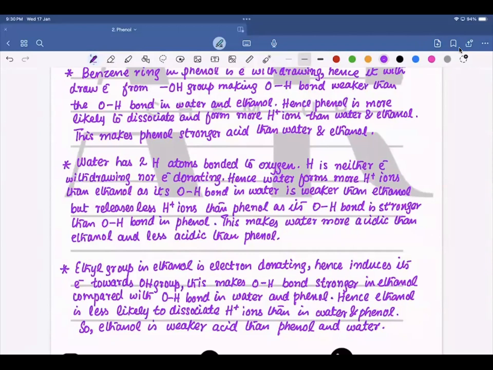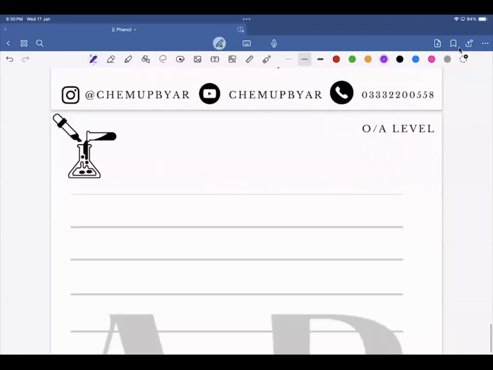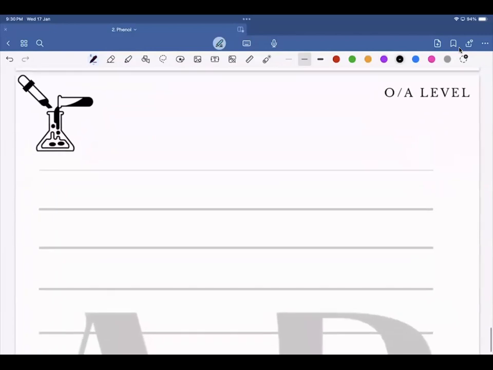So we have seen their acidic strength and their comparison in the context of these molecules. But you also have to understand how to explain their acidic strength in the context of the conjugate bases they form. So let's talk about this.